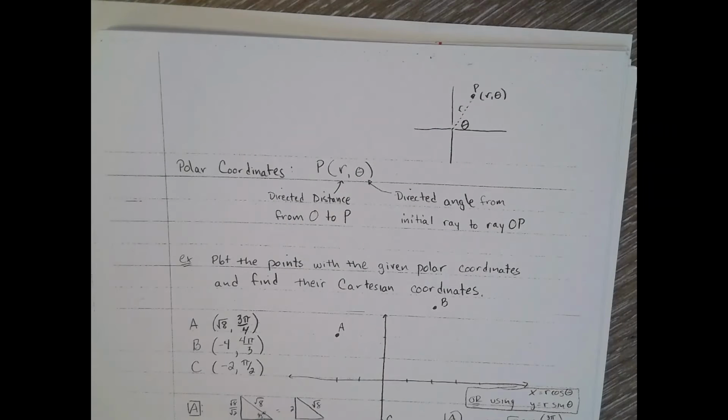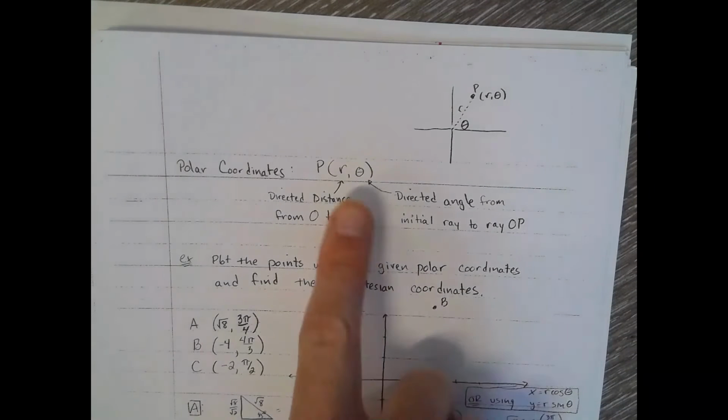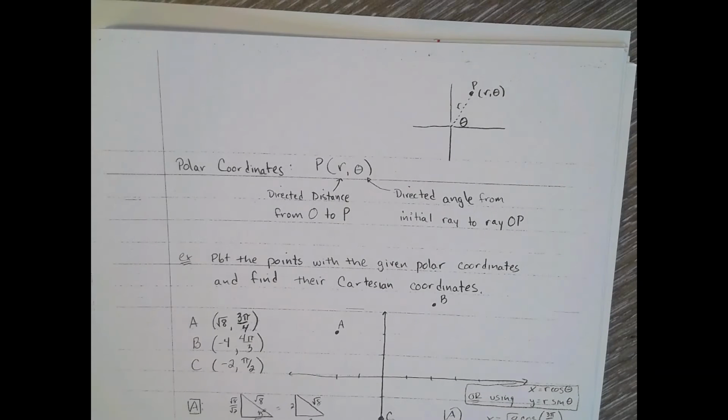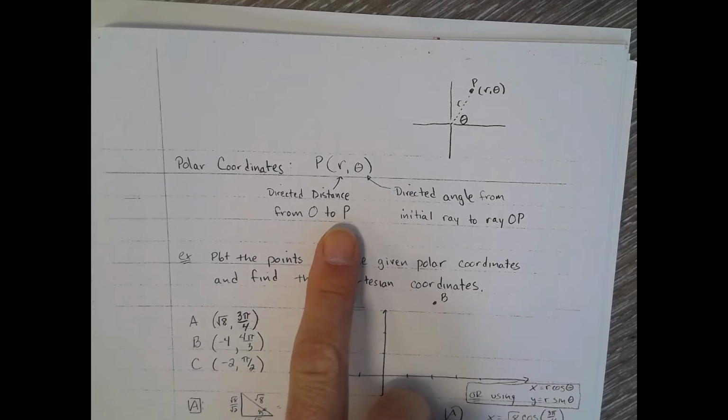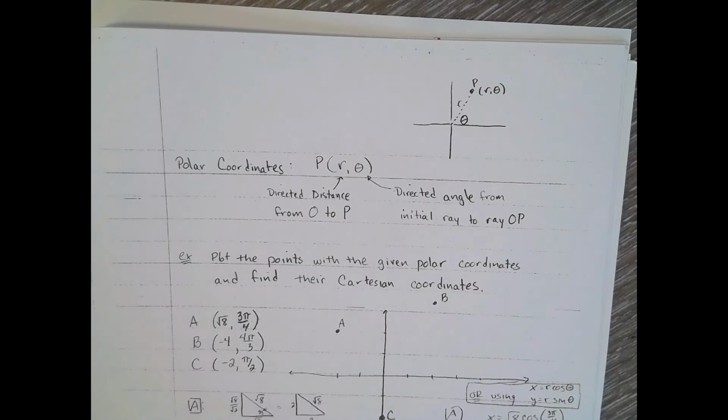All right, so polar style. Polar coordinates is always r comma theta, where r is the directed distance from the pole to P. The pole is the origin, but in polar you don't really think of it as the origin, because the graph could go through the origin multiple times, so it's called the pole, P-O-L-E.